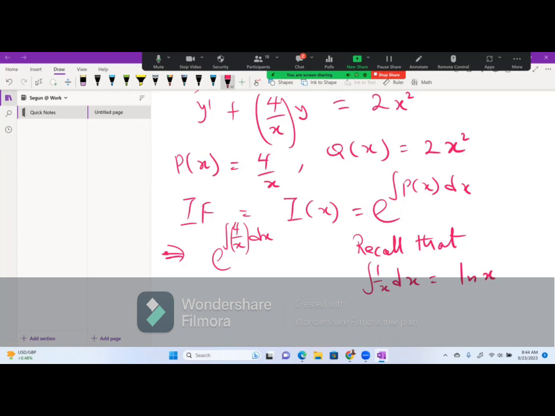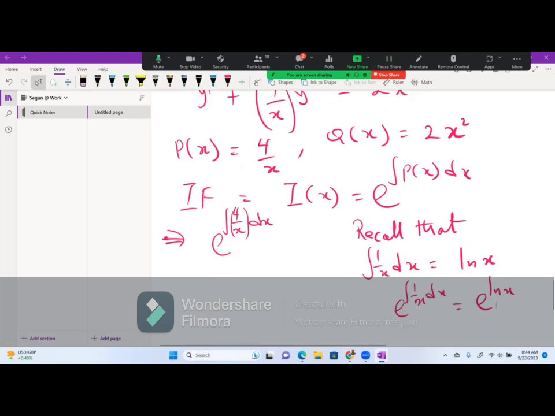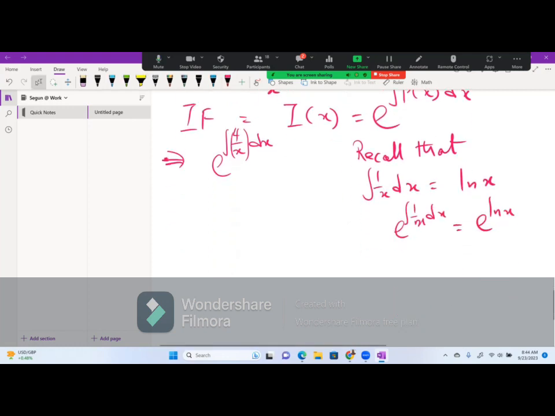And when you have integral of 1 over x dx, it is the same thing as exponential ln x. And don't forget that ln and exponential will cancel. So you have, at the end of the day, x, because this and this will go, it will remain x only.